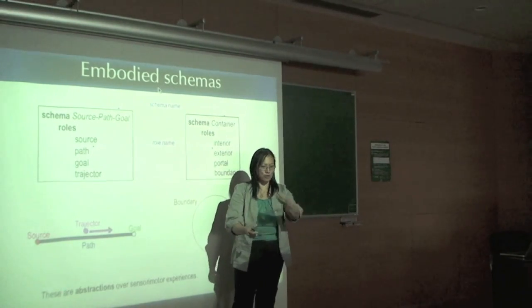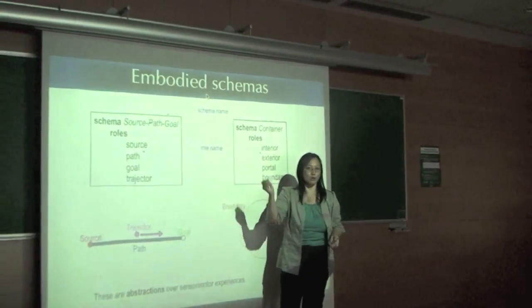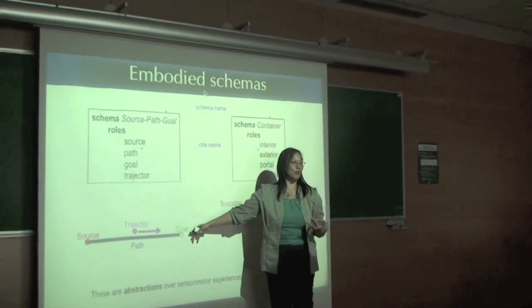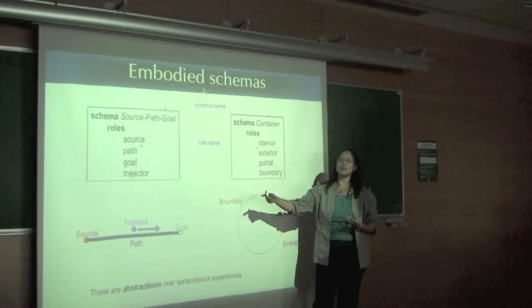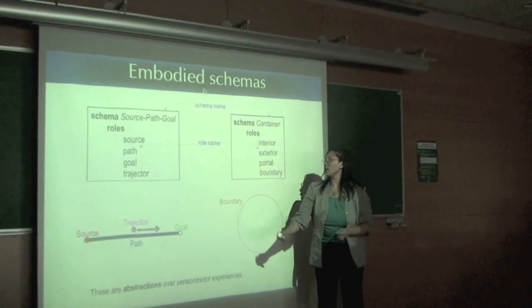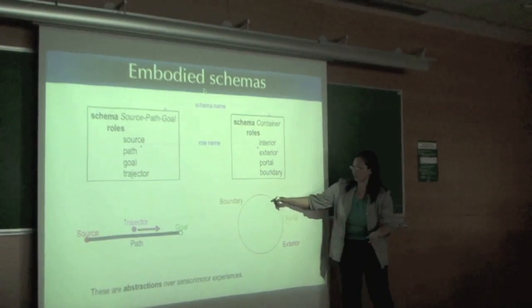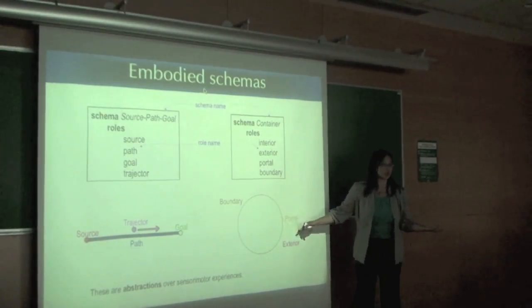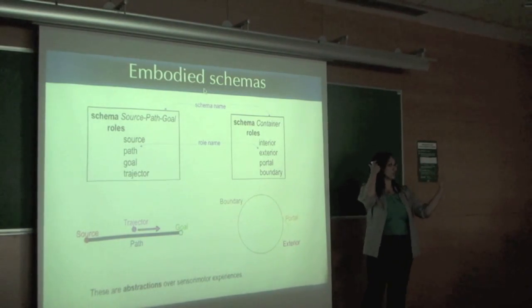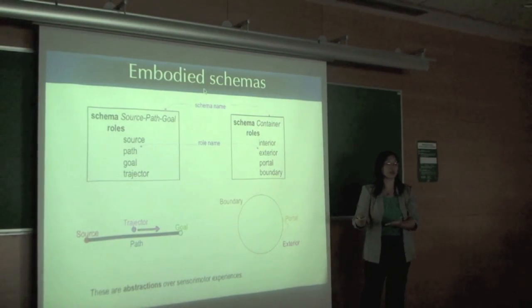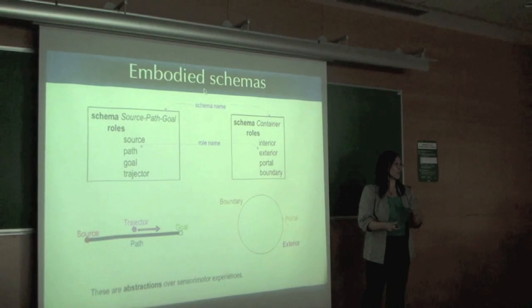Your child is always moving the cookie to their mouth or throwing the ball to the ground. So from a very early age, many things are conceptualized as movement. Similarly, containment: the milk is in the bottle, we're in the room. This room looks very different from a bottle, but they're very similar at an abstract, generalized level.